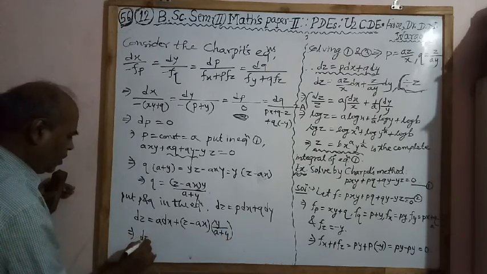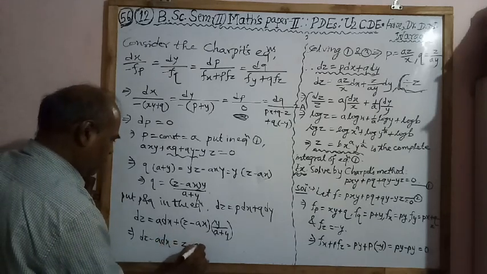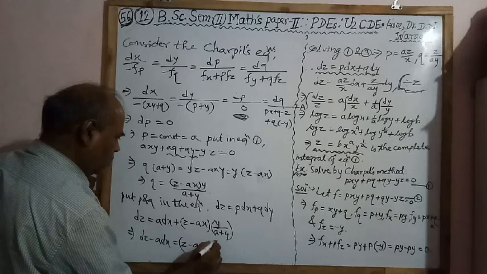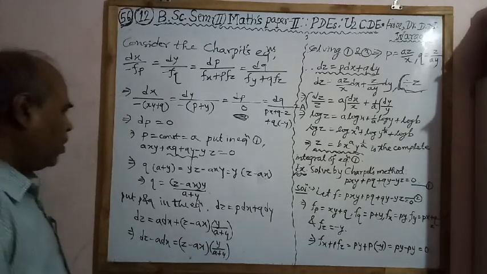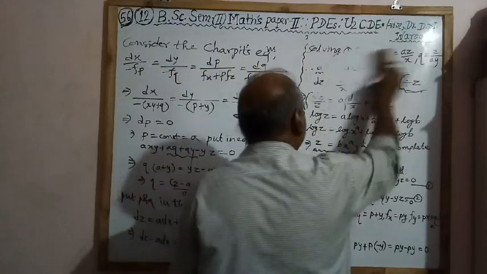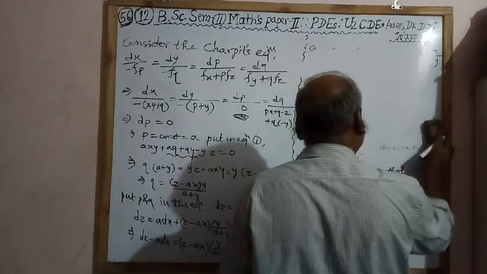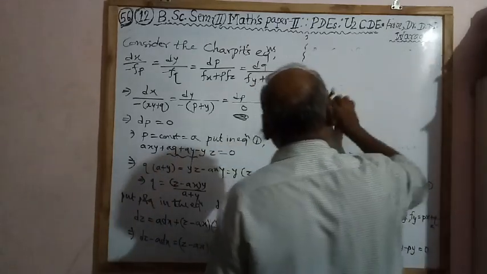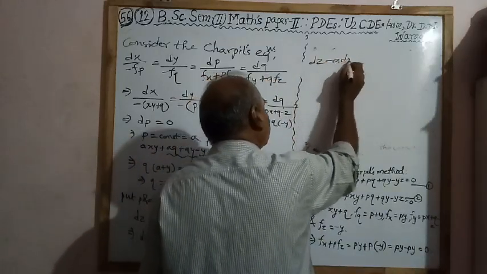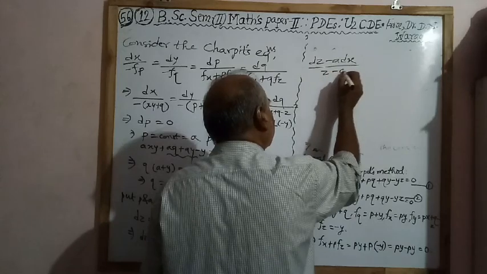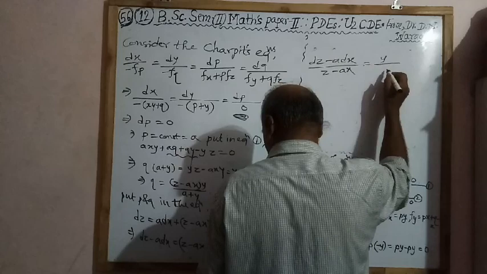Now from this we have dz minus a dx equal to z minus ax into y divided by a plus y dy, dividing by z minus ax. Therefore dz minus a dx divided by z minus ax equal to y divided by a plus y.